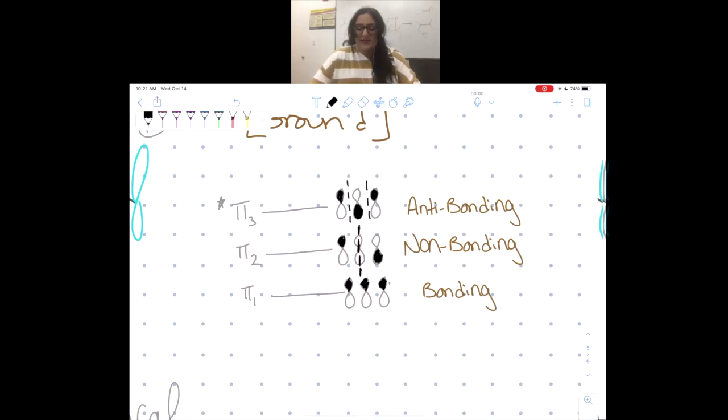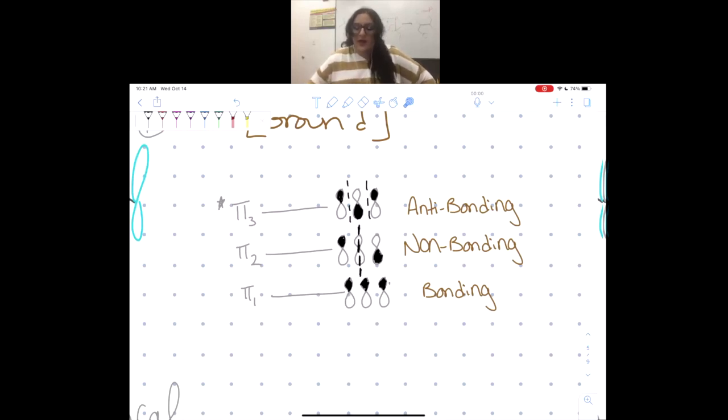The reason this middle layer is so important is because the middle energy level orbital will have no electron density in it ever, because that's where the node is. So with that, and also the fact that we have 3 energy levels now, and I told you guys the number of bonding and antibonding has to be equal, we have to introduce a new term.